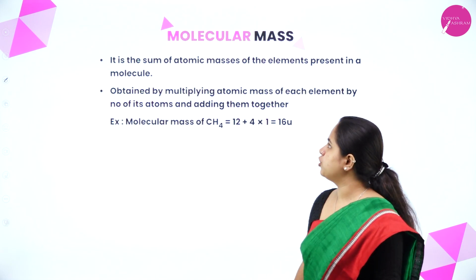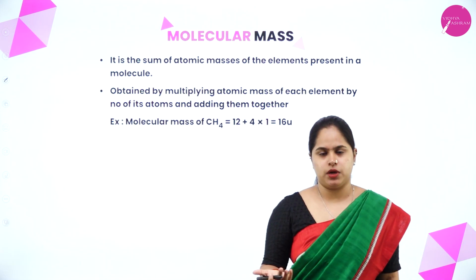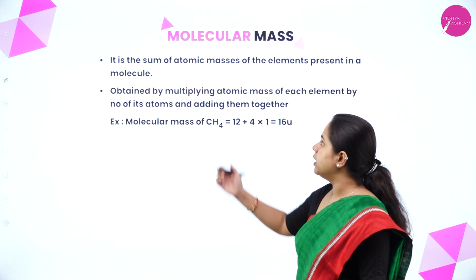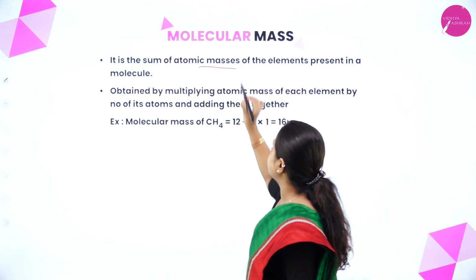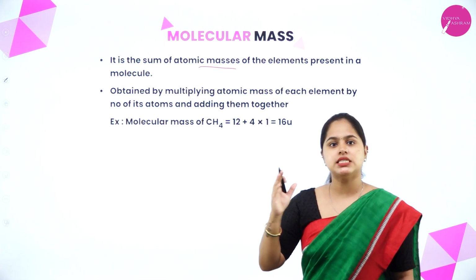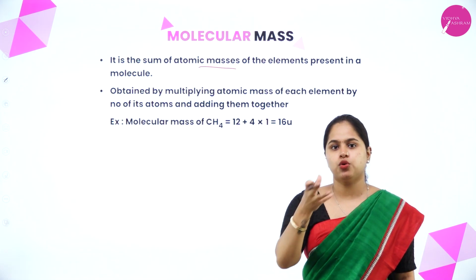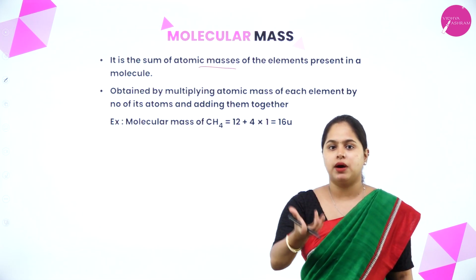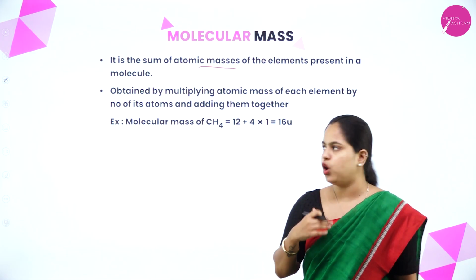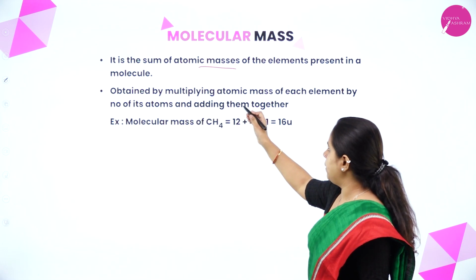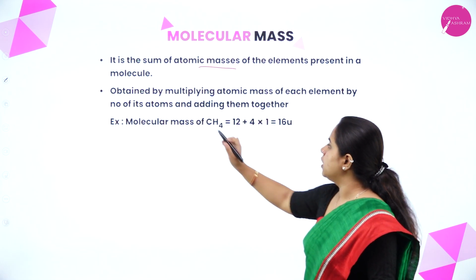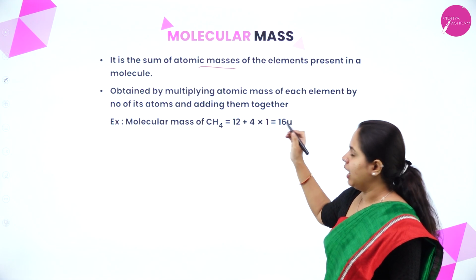Now let's move on to the next one, that is molecular mass. It is a very simple concept. It is the sum of atomic masses of the elements present in a molecule. You add the atomic mass of each atom present in the molecule. It is obtained by multiplying the atomic mass of each element by the number of its atoms and adding them together.